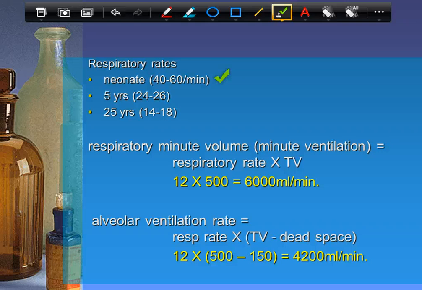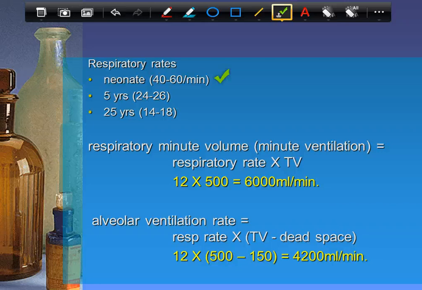Respiratory minute volume, or sometimes called minute ventilation, which tells you how much air is coming in and going out of your lungs every minute. It's the respiratory rate times tidal volume. So if your respiratory rate is 12, which is low, but we'll use it, and your tidal volume is 500, you got a respiratory minute volume of 6,000. That's about almost 2 gallons of air.